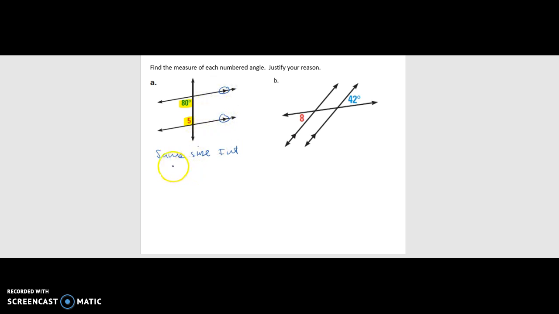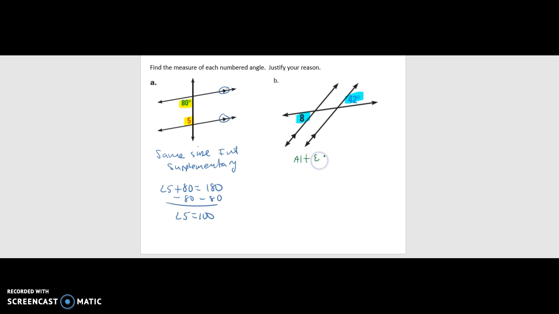Well, we know same side interior angles are supplementary, which means they add up to 180. So angle 5 plus 80 must add up to 180. If I go to solve for angle 5, I would subtract the 80, and angle 5 is equal to 100 degrees.